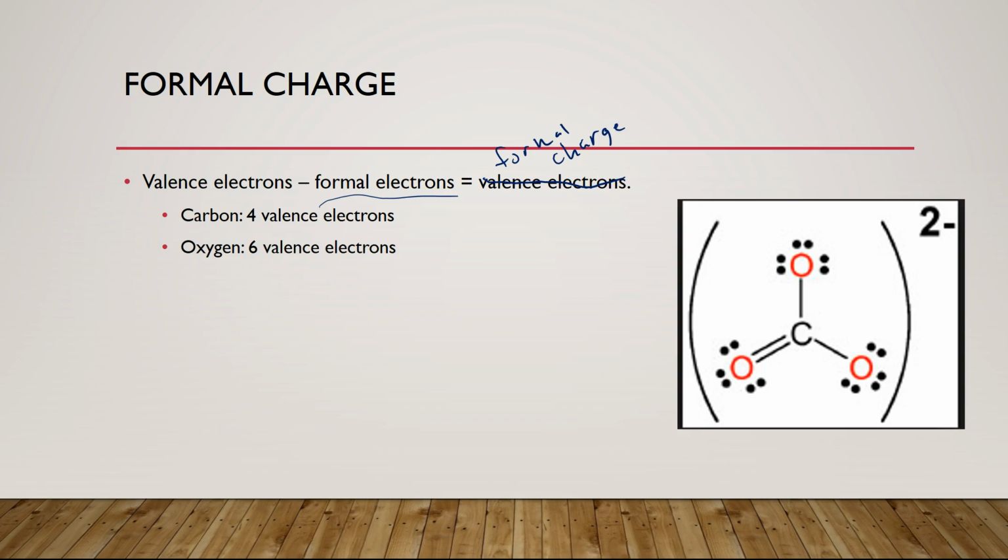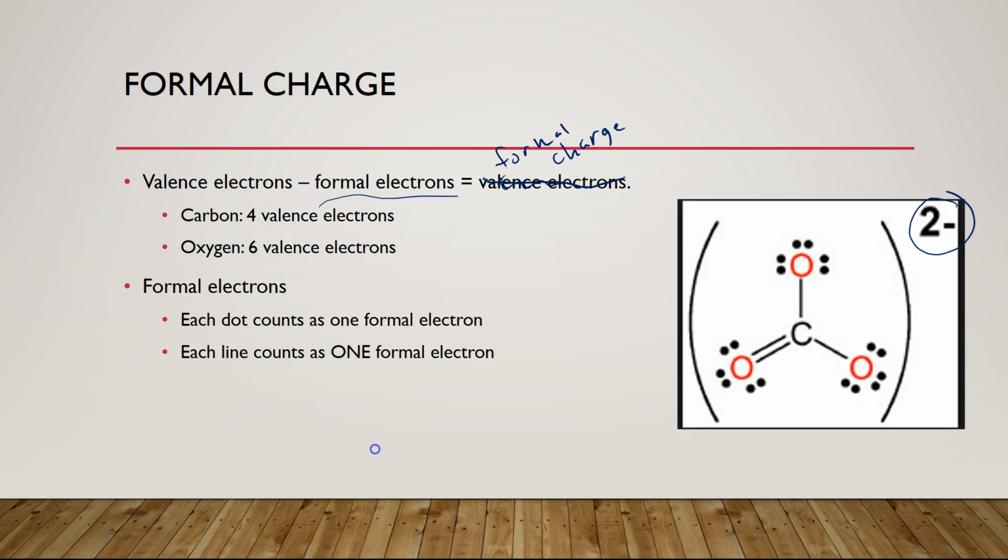So valence electrons minus formal electrons gives you formal charge. In the case of our carbonate ion, which we know has a -2 charge overall, we want to be able to look at the Lewis structure and identify a number of valence electrons, and then subtract from that the number of formal electrons for each element in the Lewis structure.